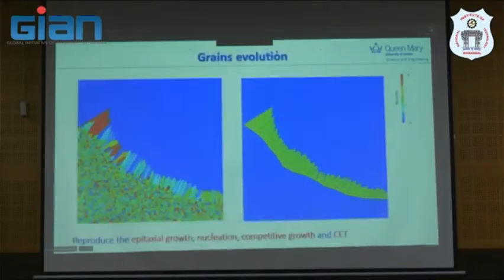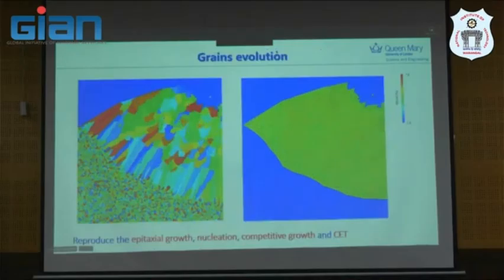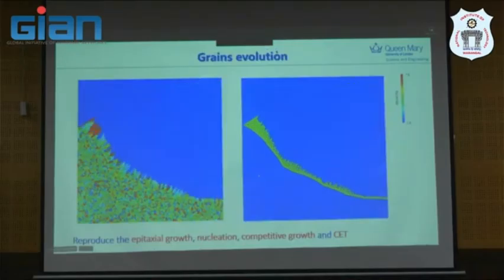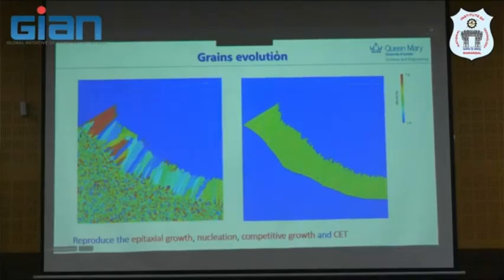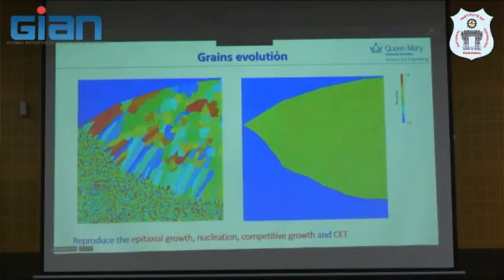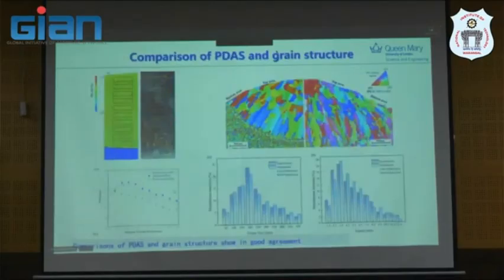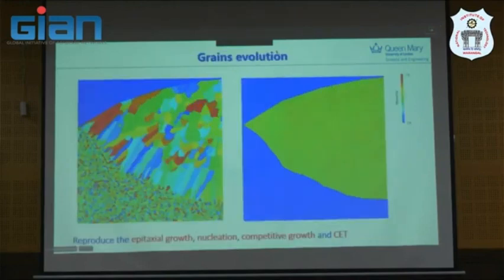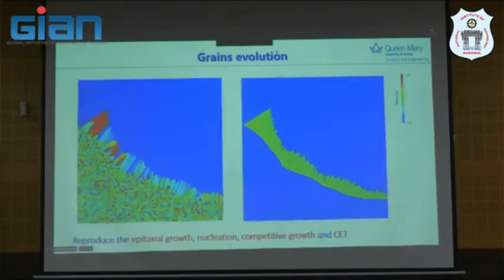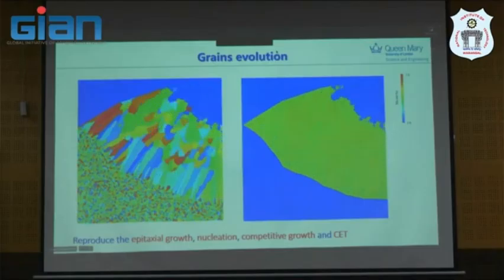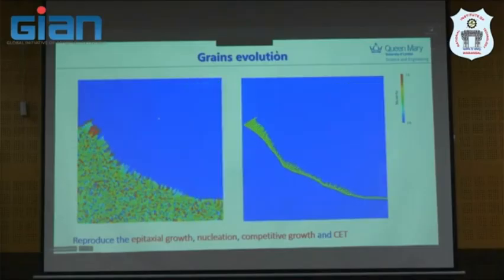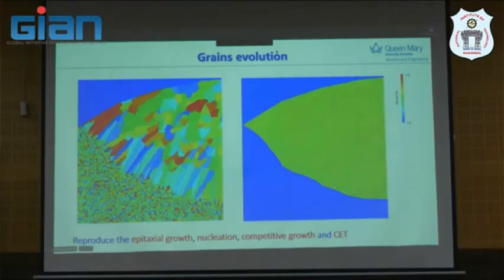Here is the simulation result. We can see that this part is the substrate, and in the microstructure characteristics we can see some grains with epitaxial growth, and also some equiaxed grain nucleation here.